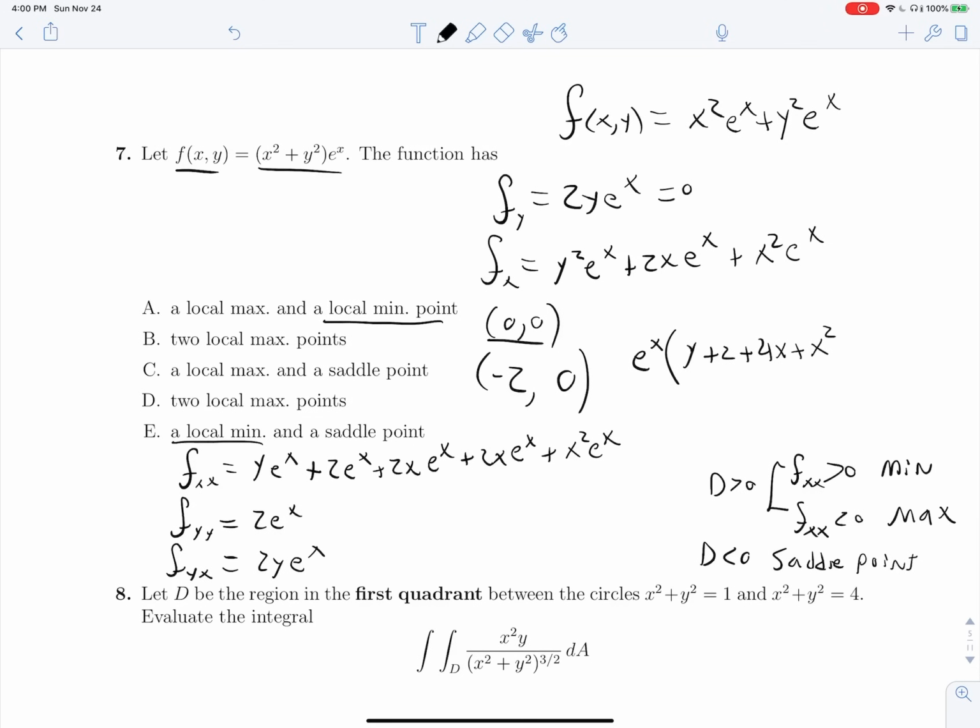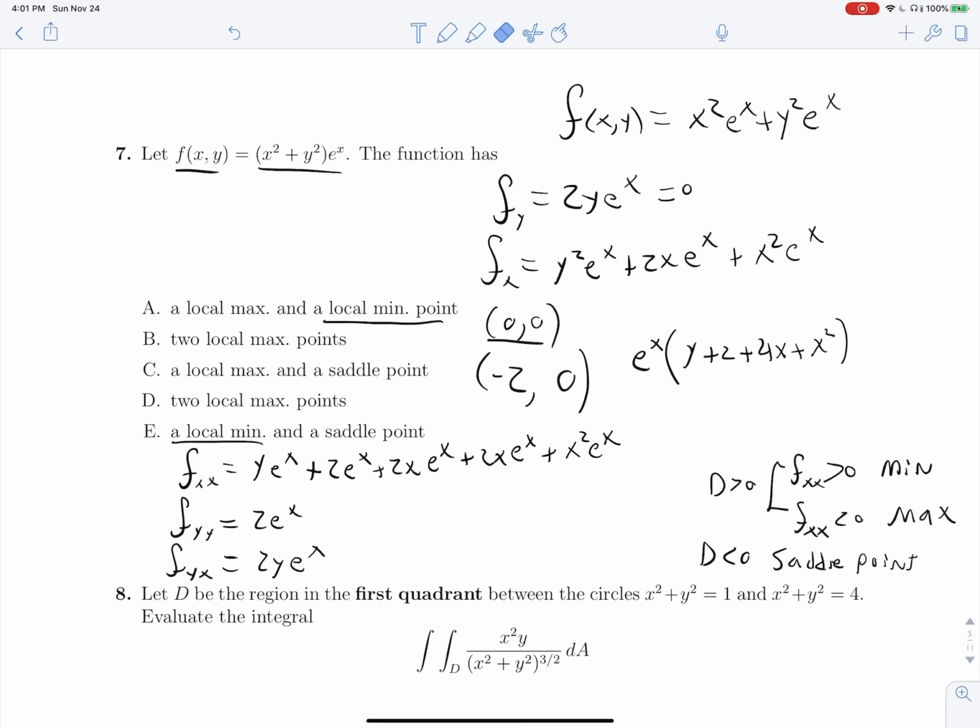And if we plug -2 into this and 0, we are going to get e to the -2 times 0 plus 2 plus -8 plus 4. So this will all work out to -2.